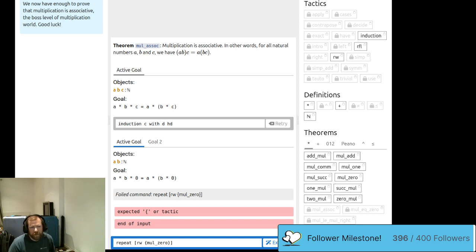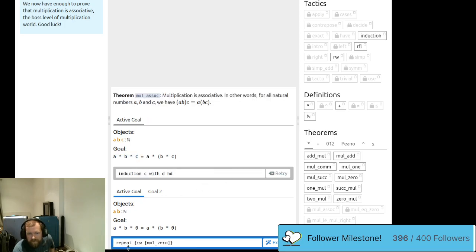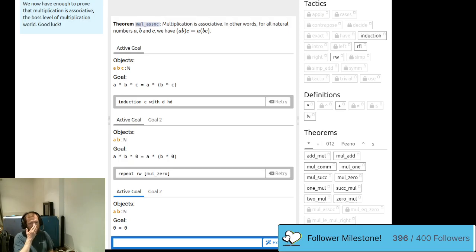Clearly, I don't know what I'm doing. Right. This one is the square brackets, and this one is the curly brackets. There we go. Retry. All right. Repeat. How do we do repeat? There we go.